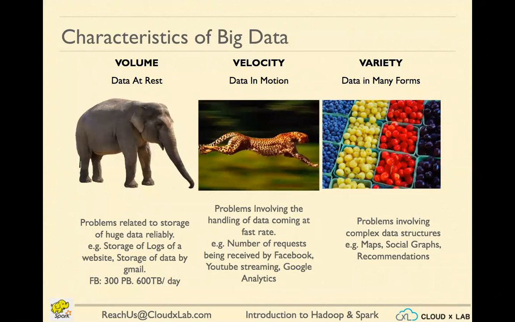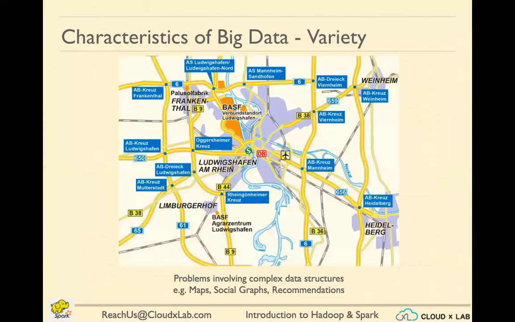The third one is variety. Now this is an interesting part. Variety is data in many forms. It's not only because of volume or velocity that we require distributed computing. It could be the third case also. The kind of problem that we're solving could be complex. Say, for example, we have to solve a problem related to maps. We have to go from point A to point B and find the best possible routes.